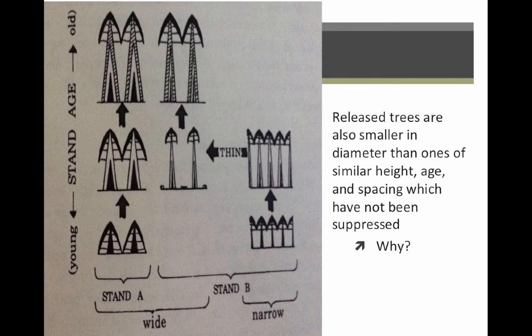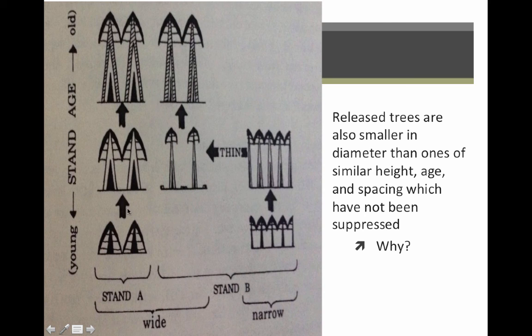So what's happening? We see this example is another one, looking at the mechanism of thinning. So we have stand A, very open compared to stand B, very narrow spacing. So wide spacing versus narrow spacing.